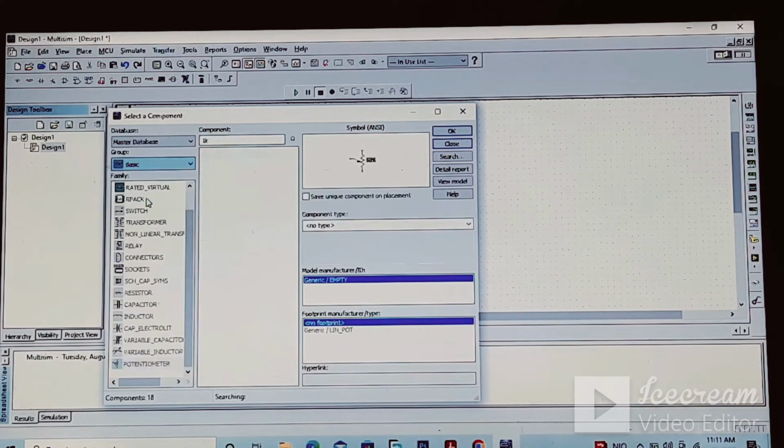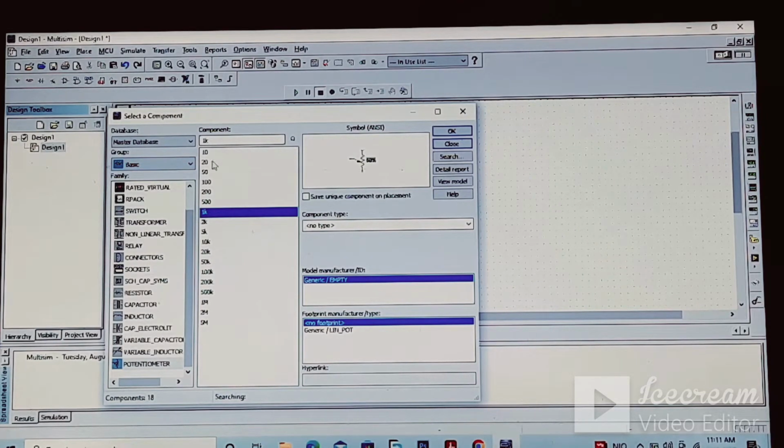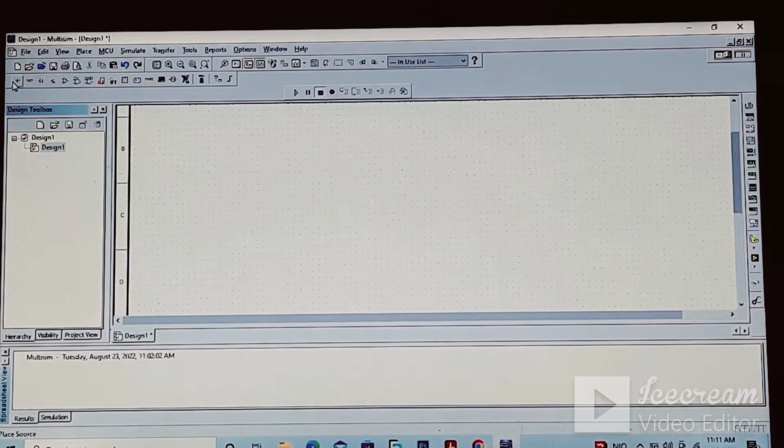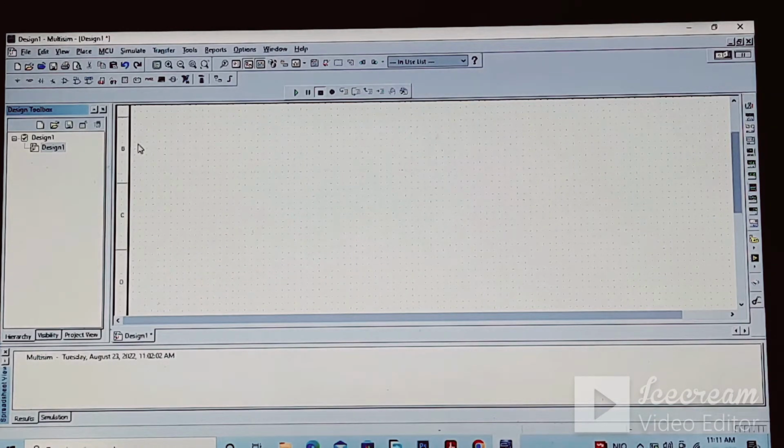Also the basics, in which you can find the relay, sockets, resistor, capacitor, inductors, different electrical components, transistors, and everything is available. So now our task is to measure the voltage and the current in the electrical circuit.